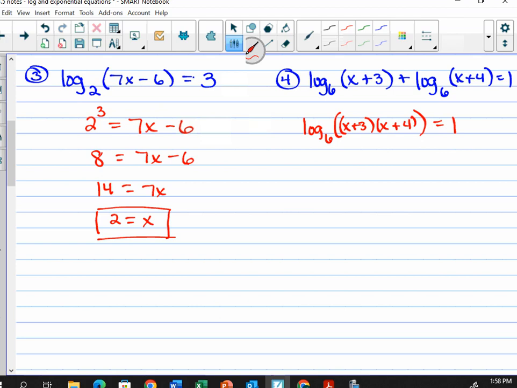That's a 4 in a parentheses, okay? Now it's like number 3. We have it down to a single log equals a number, so you can write it as an exponential. So what should we write? 6 equals those two parentheses. Distribute. Yes, I'm going to multiply them out. Are we okay with x squared plus 7x plus 12?